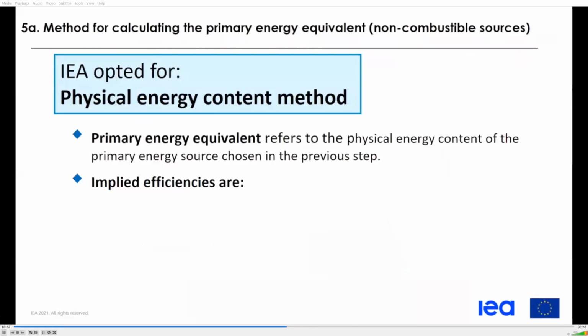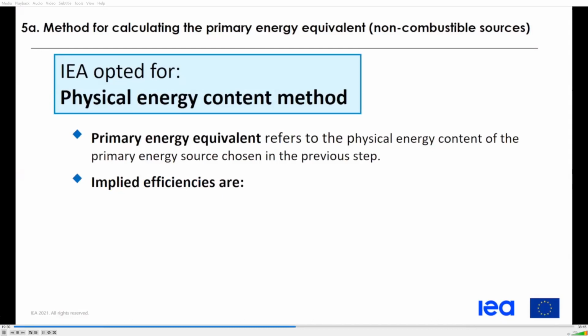We have now identified the form of the energy input, but now we need to quantify it. There are essentially two methods that can be used to calculate the primary energy equivalent of these energy sources: the partial substitution method, which at the IEA we do not use anymore, and the physical energy content method. The physical energy content method uses the physical energy content of the primary energy source as the primary energy equivalent.